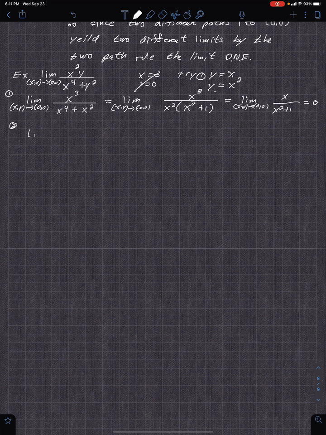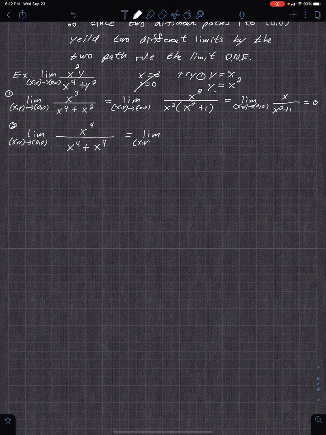So you get the limit as x, y approaches 0, 0. When y equals x squared, you get x to the 4th over x to the 4th plus x to the 4th. I'll write out one more step.